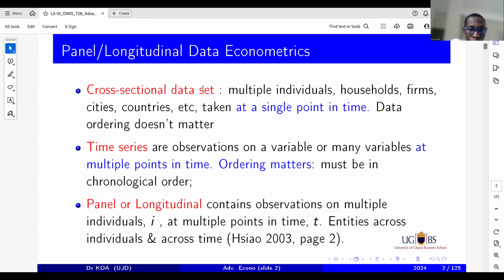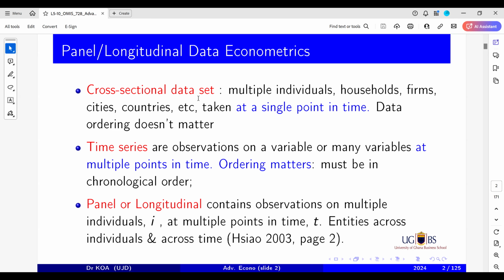In time series, the individual is not the focus, but the focus is on the time. So there can even be one individual and you are looking at it over different times. You can look at the UK and at the inflationary trends of the UK every single month over the past 20 years.